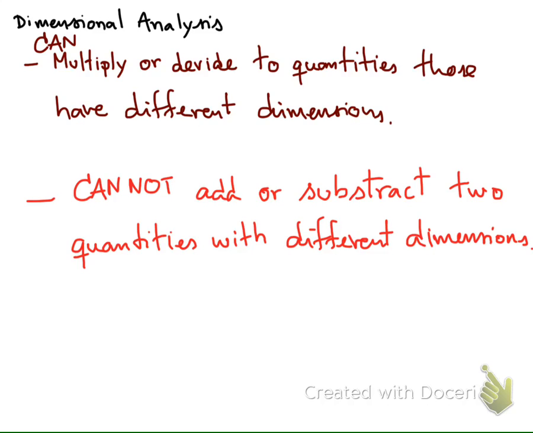For example, it is meaningless to add 1 kilometer with 1 kilogram. What does it mean? 1 kilometer plus 1 kilogram. There is no meaning in that, because we cannot add two quantities with different dimensions. Okay, so that is the rule. It's something that makes sense, right?